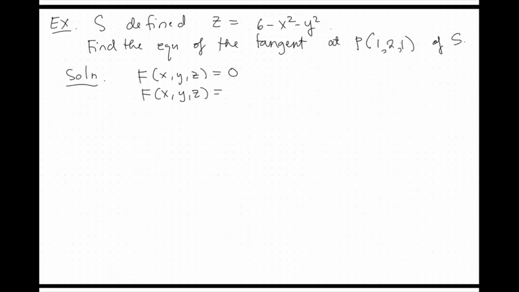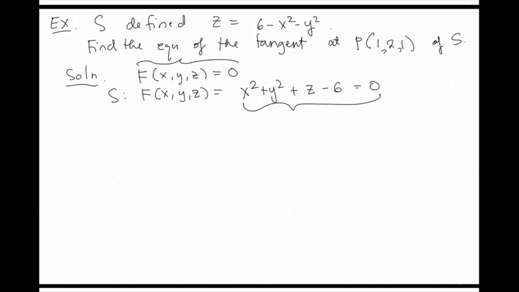So here I will choose to put x squared plus y squared plus z minus 6 equal to 0. So this is the equation of our surface S in this form.